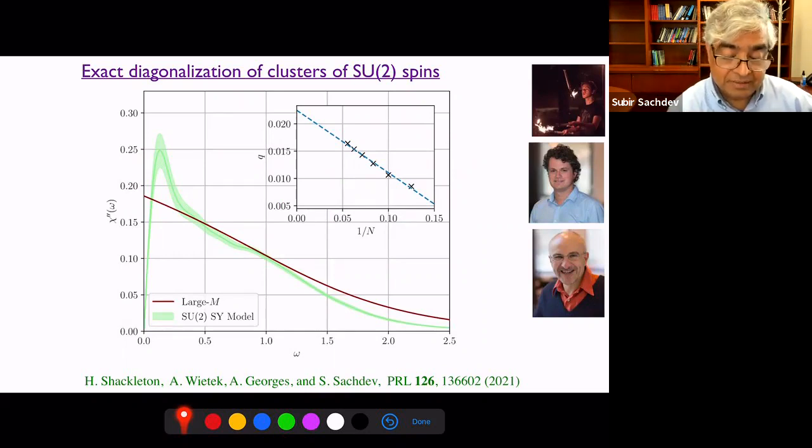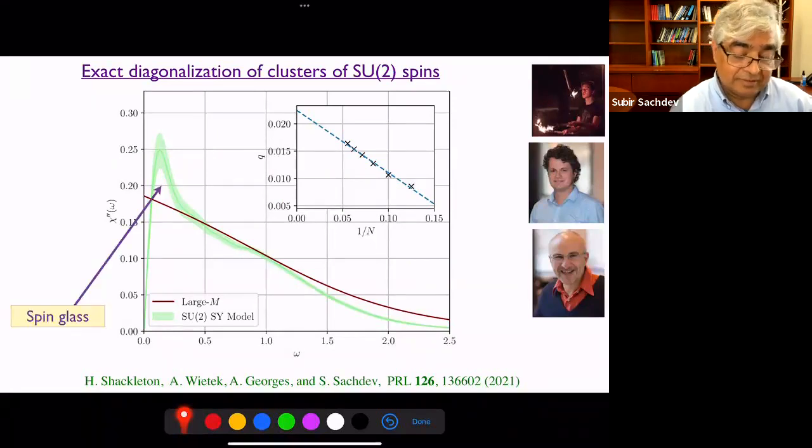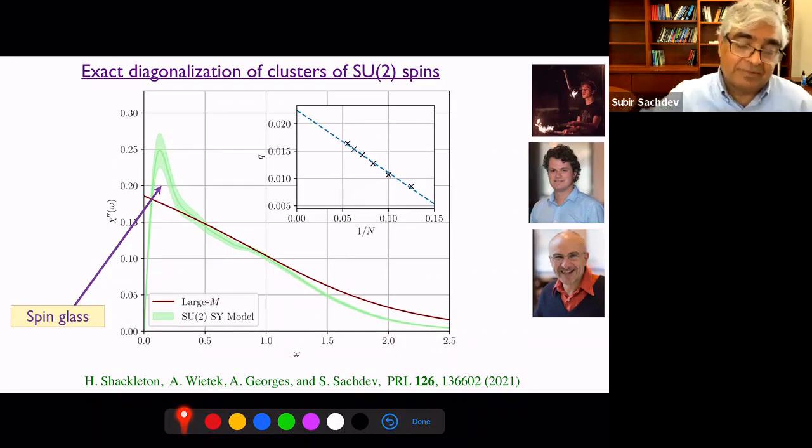So what do you see? First of all, you see this big peak, which becomes sharper and bigger as you increase the system size. That peak is telling you that you have some very low frequency spin fluctuation, whose frequency becomes slower and slower as you make the system larger, and that's exactly what you have in a spin glass. The spins are freezing and remembering their orientation in some random direction.